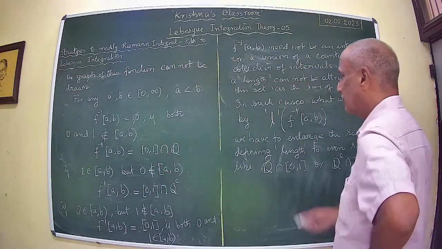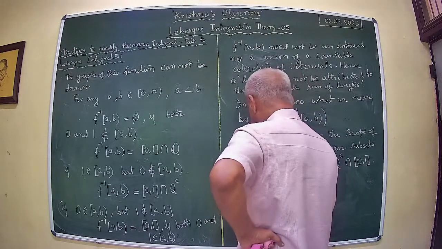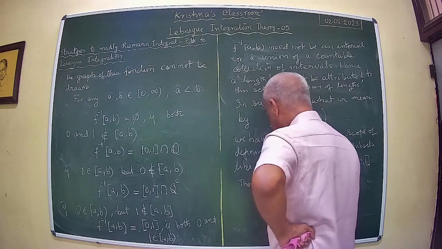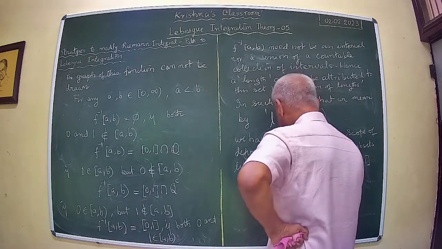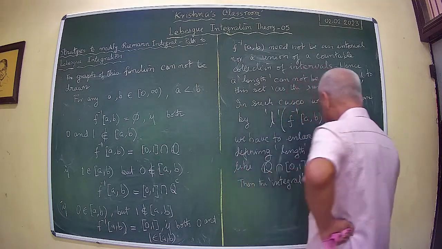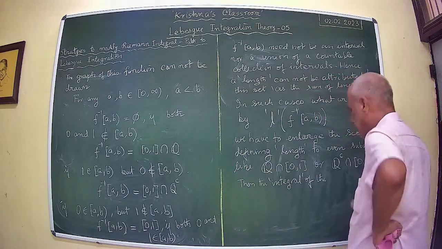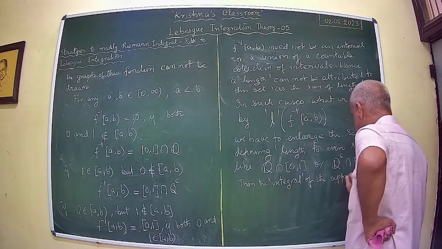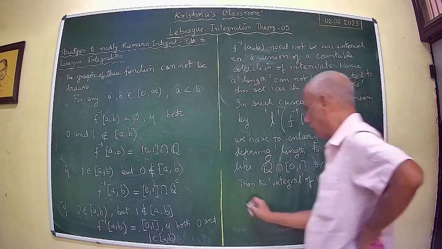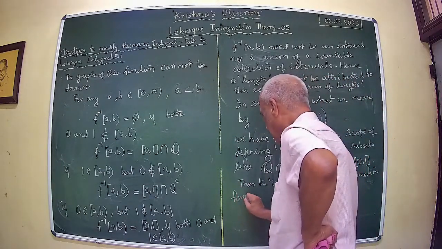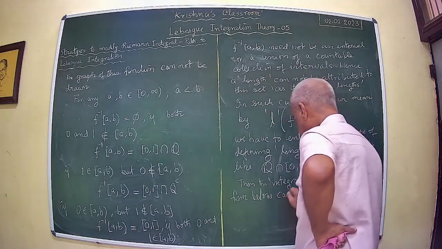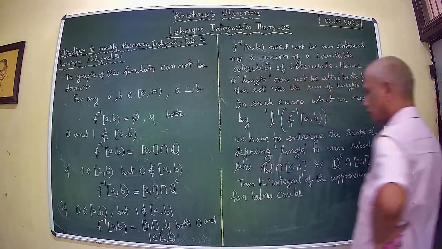The approximation of the integral, the approximation from below, can be what?